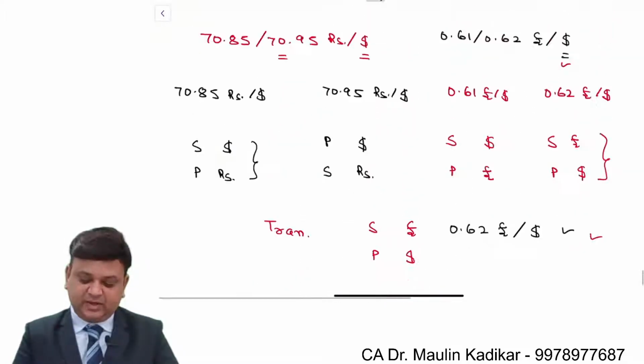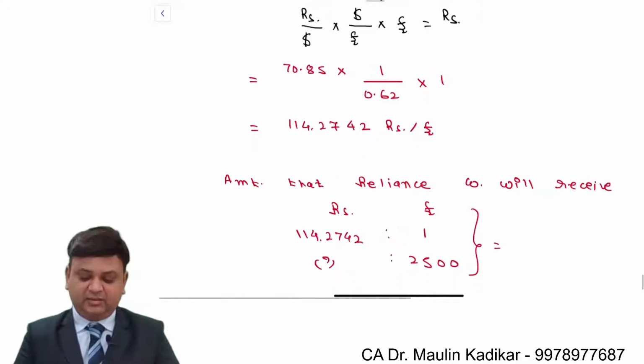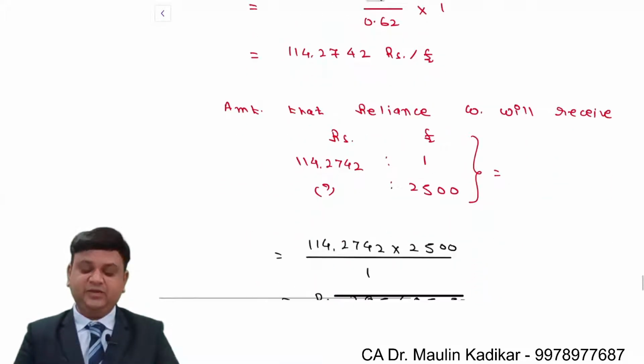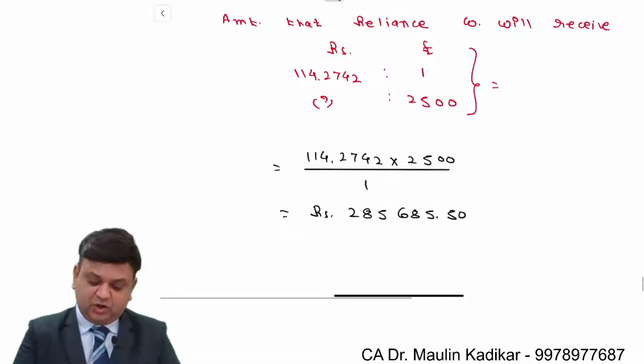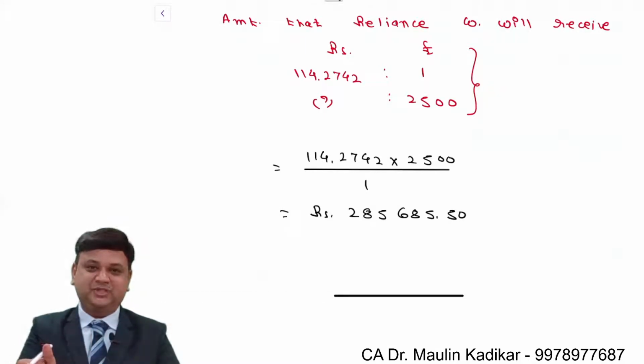This is the way we are required to make the calculation of the amount of rupees which the Reliance company will receive on conversion of the pound to dollar and then dollar to rupees.